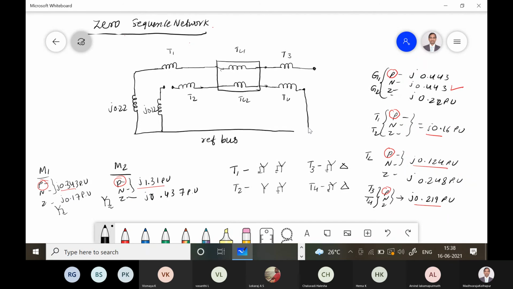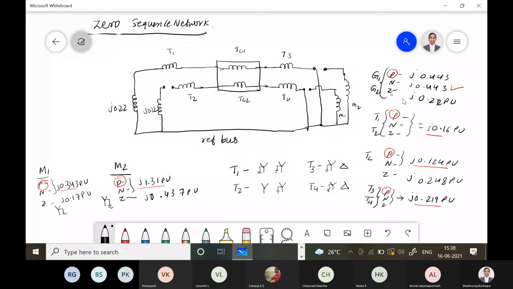The shunt switch is closed in both cases, and the series switches are open. These are motor M1; for motor 2, the series switch is open. Okay, so now write all the reactances.